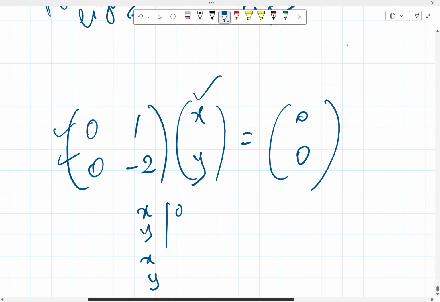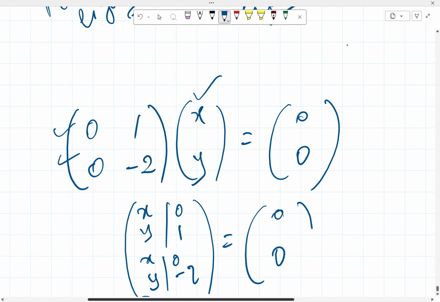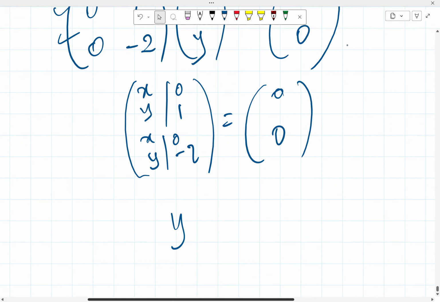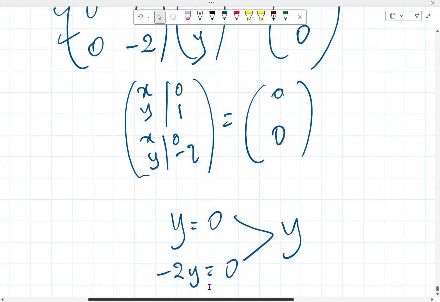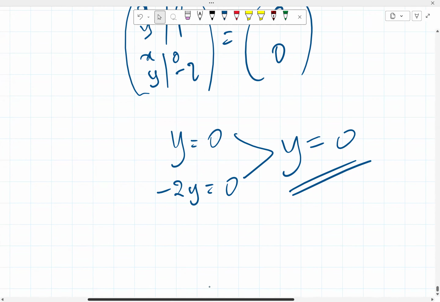That means [0 1; 0 -2] times [x; y] is equal to [0; 0]. From here, we know that y is 0 and minus 2y is 0. Everything together tells us that y is equal to 0. So y is known, but we don't know x. x doesn't show up. In that case, the easy thing to do is just let x be equal to 1.